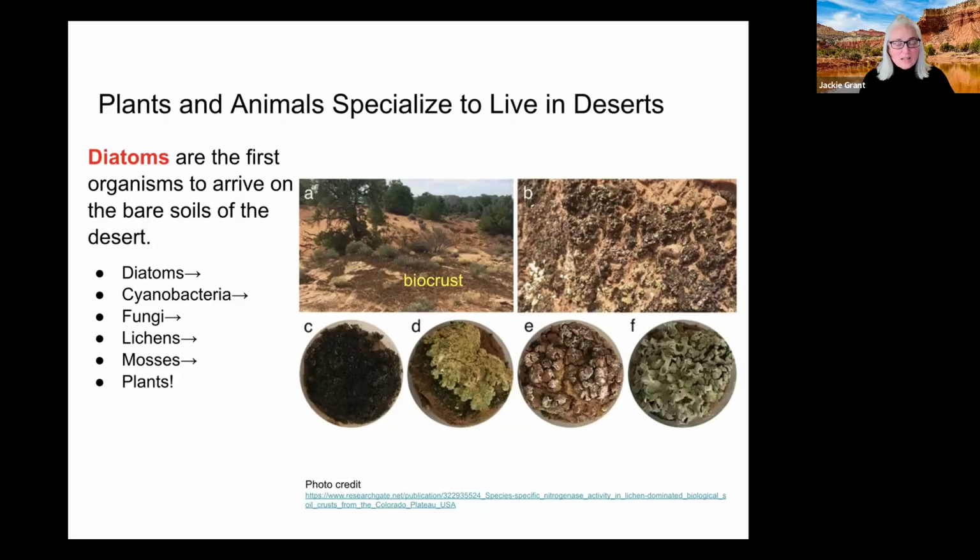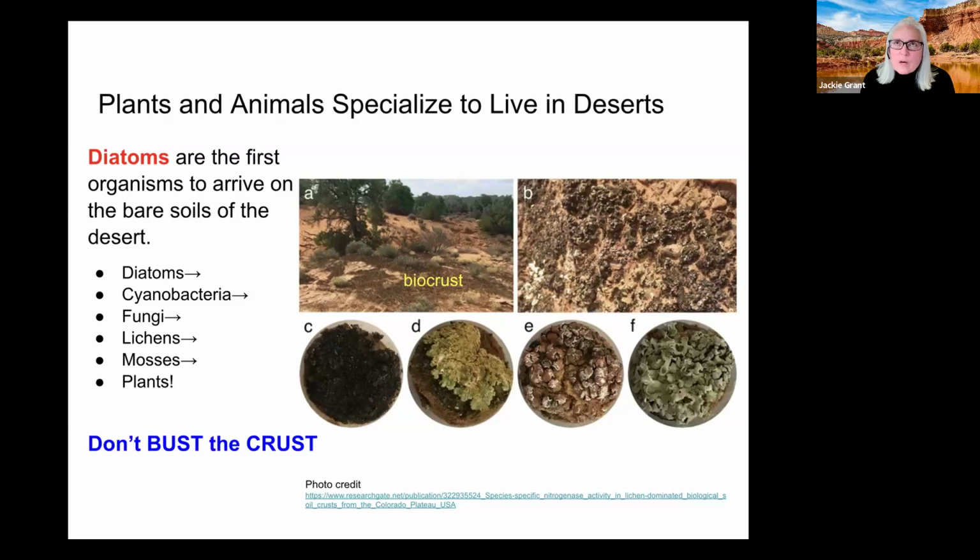And then the fungi combined with the diatoms and the cyanobacteria can produce a habitat that is suitable for lichens and mosses to grow. And that combination of diatoms, cyanobacteria, fungi, lichens, and mosses is what we call biocrust. And you can see in picture A here, the biocrust is sort of this black, nasty looking area, and B is a close up of that area.